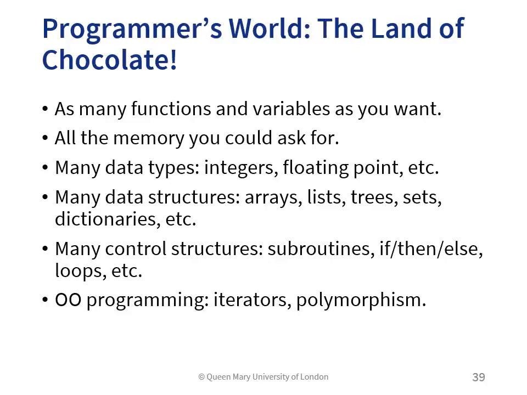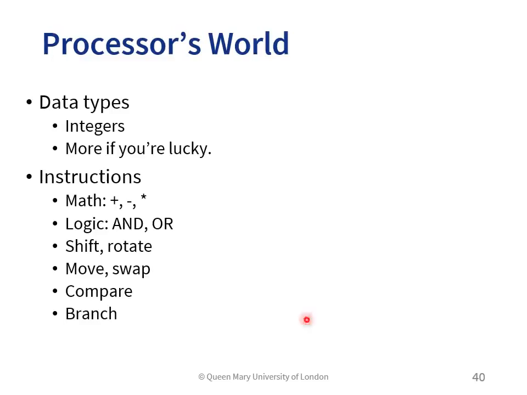However, what we have discovered so far in our module is that a computer is actually quite a simple machine. Even a machine like ARM is not that sophisticated. If we turn our view to that of a processor, we have only a very limited number of data types. Most of them are integers.